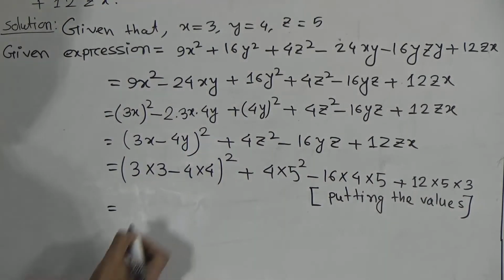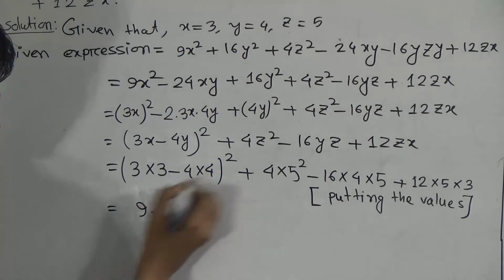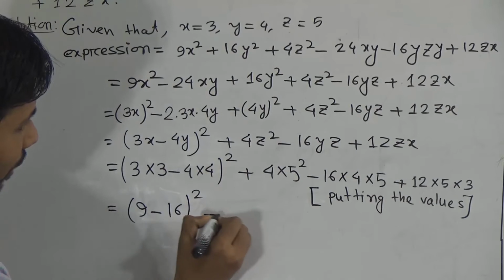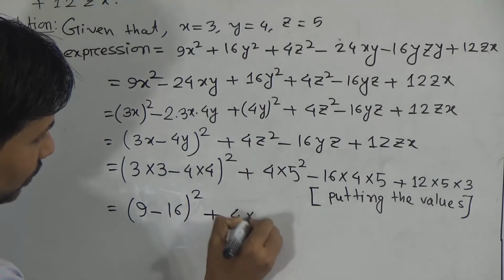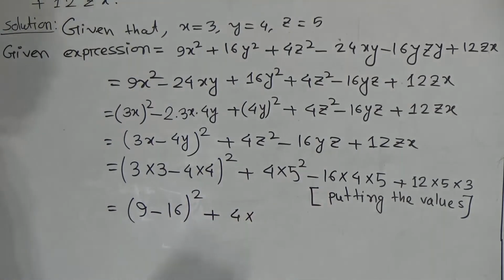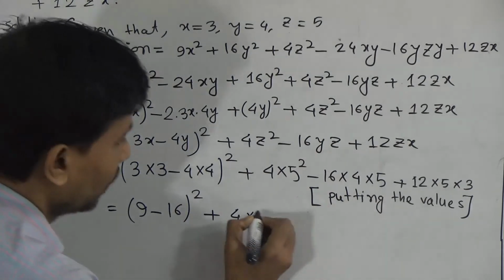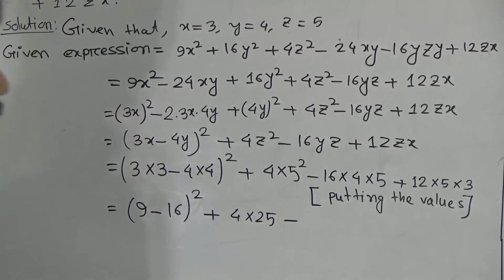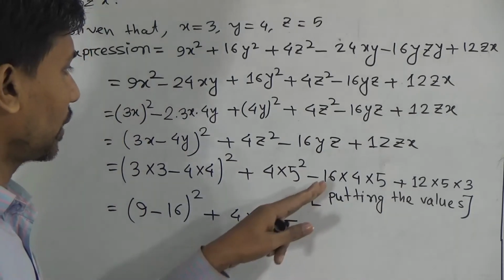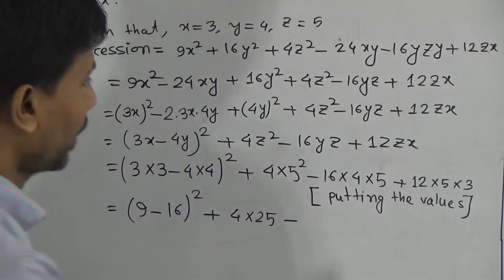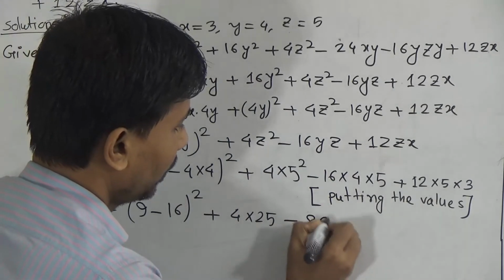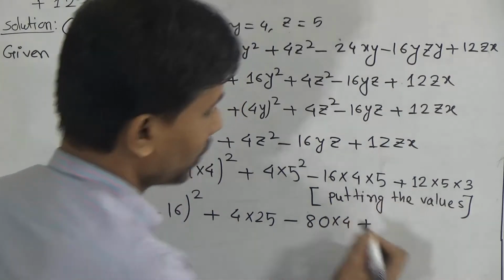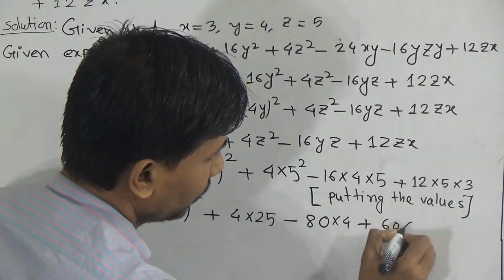Look, 3 3s are 9, 4 4s are 16, whole square plus 4 times 5 square, that means 5 into 5, which is 25. Minus, now you have to multiply: 16 5s are 80, then 80 into 4. 5 12s are 60 into 3.